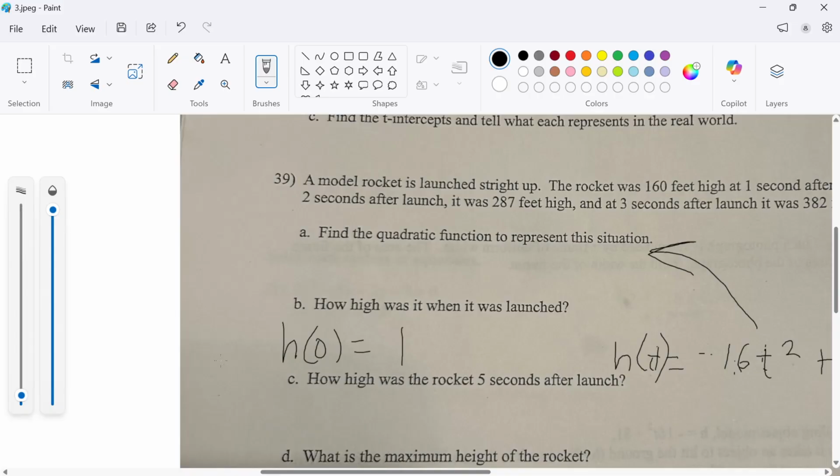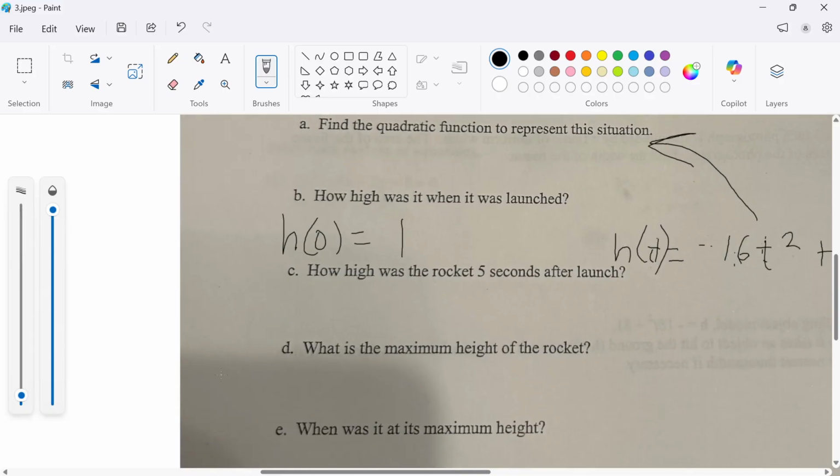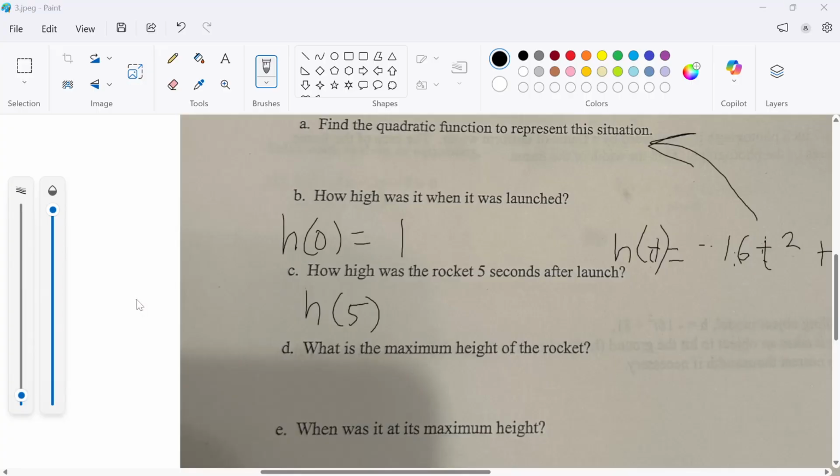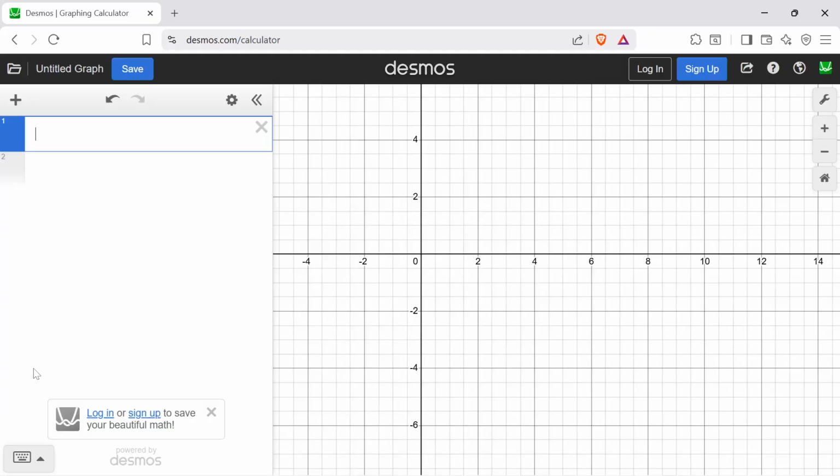So h of 0 equals 1. How high was the rocket 5 seconds after launch? h of 5. Just plug in 5 for t. I'm just going to do this on Desmos. You can do this on your TI-84. I'll put in the equation negative 16t squared plus 175t plus 1, and make this h of t.